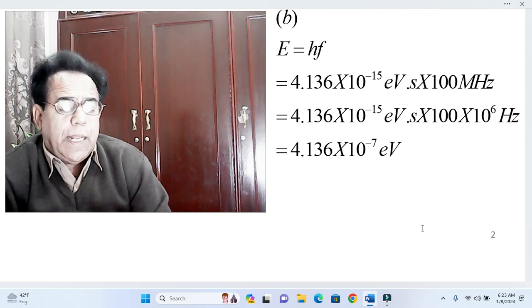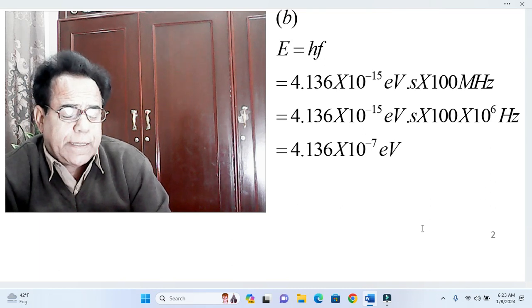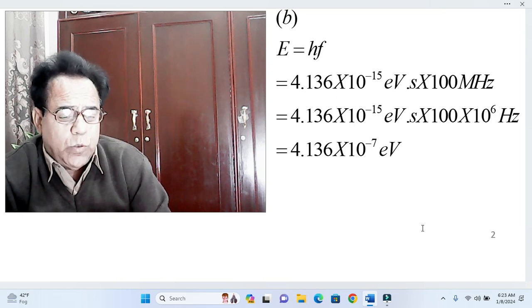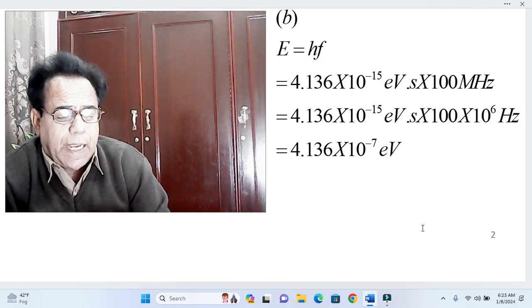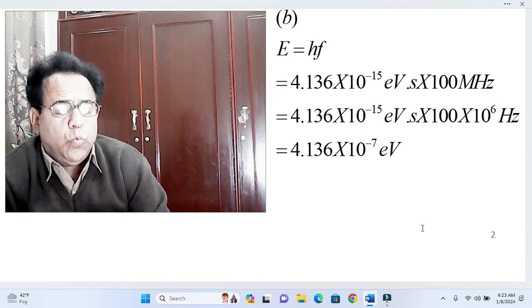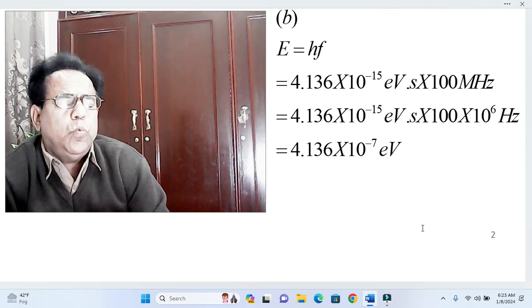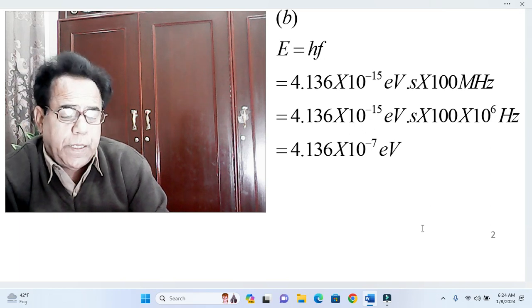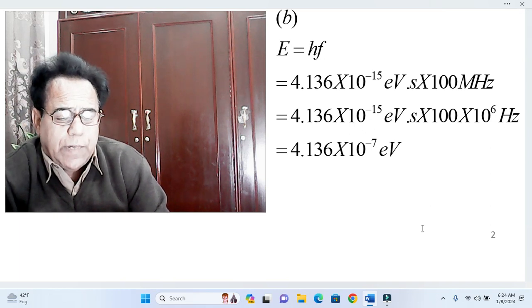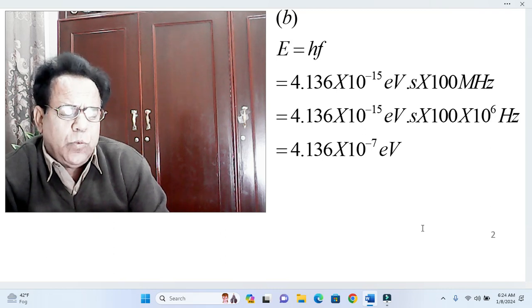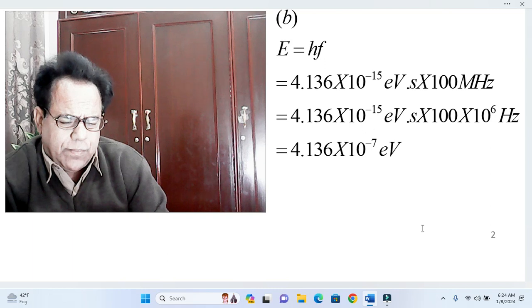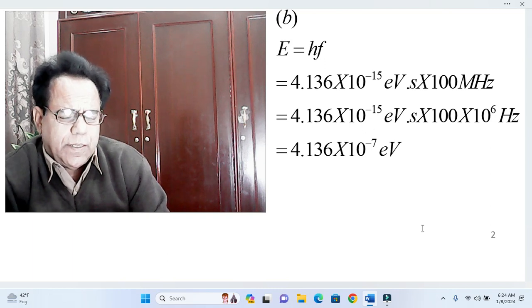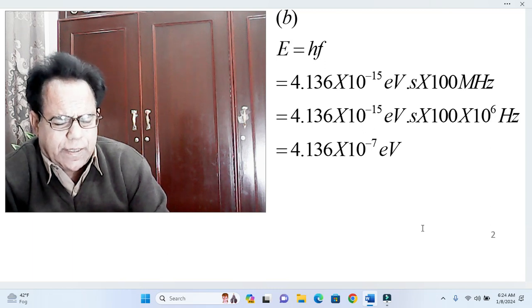Not only is the value of Planck's constant h given in that table, rather this value has been given in two equivalent or alternate systems of units. This value is given as electron volt second, and the other value is given in another system of units.